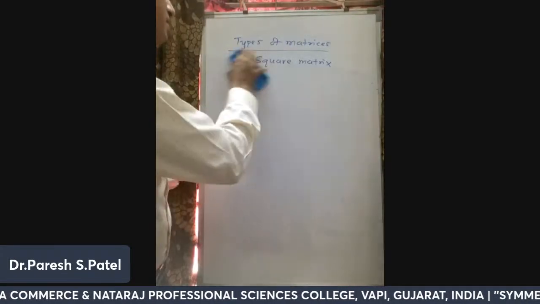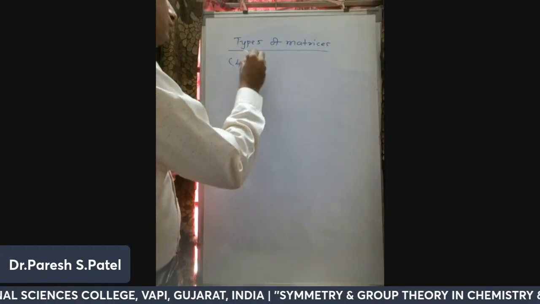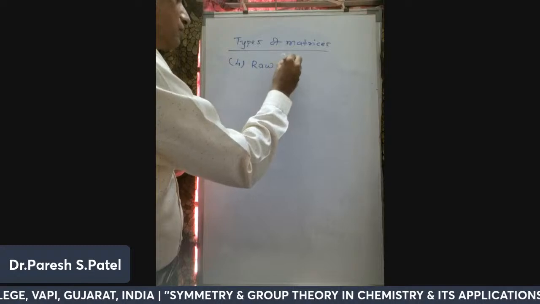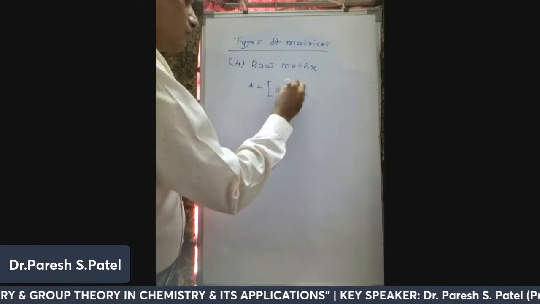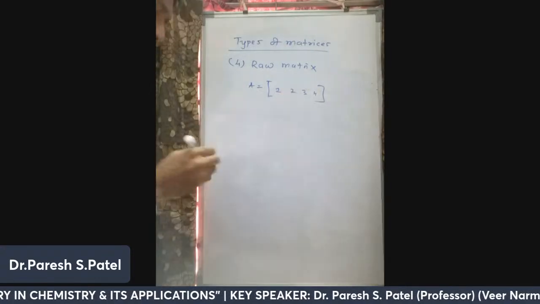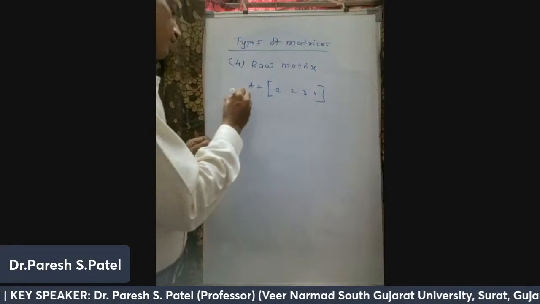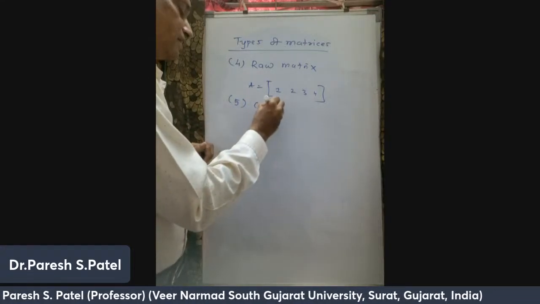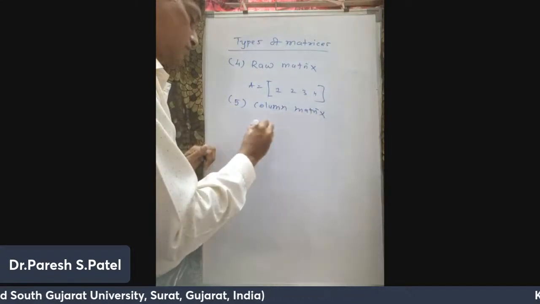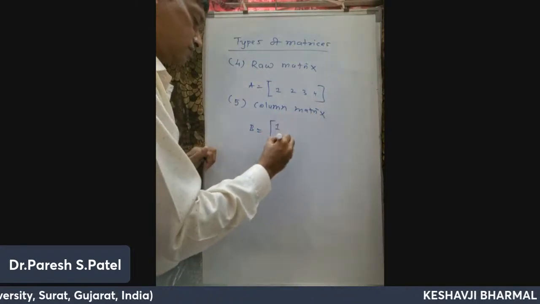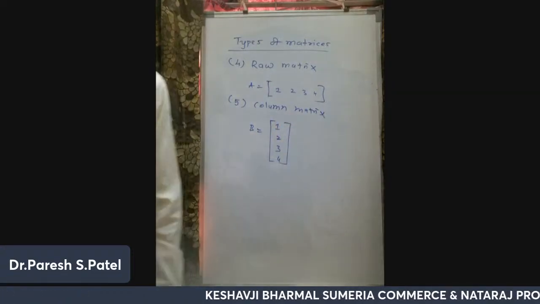Fourth one is row matrix. This type of the matrix consists only one row. Next one is column matrix. So this type of the matrix consists only one column.